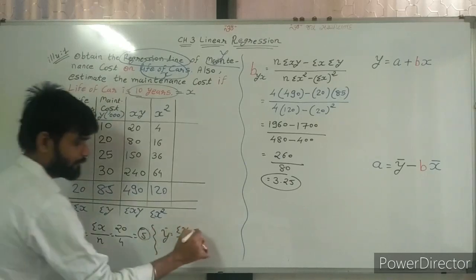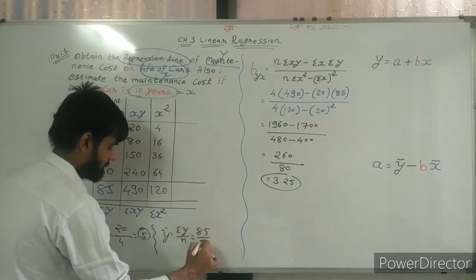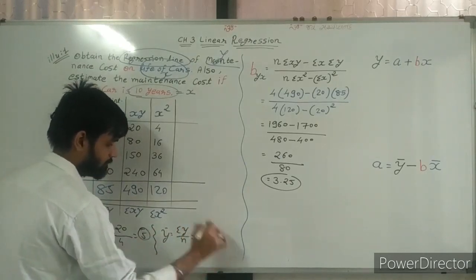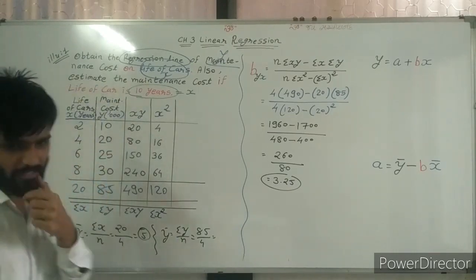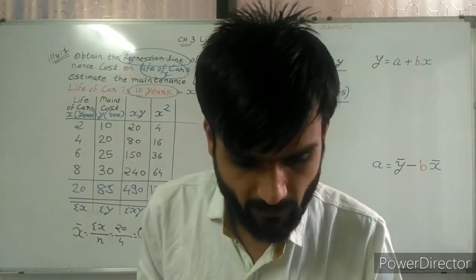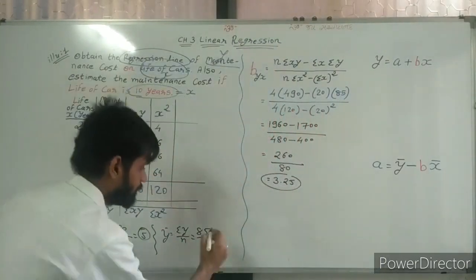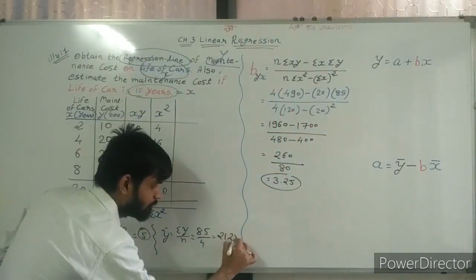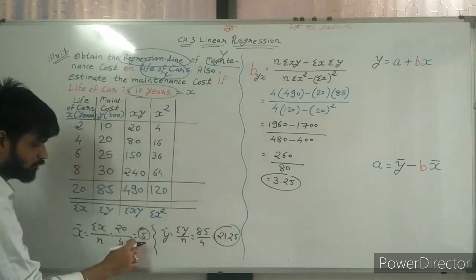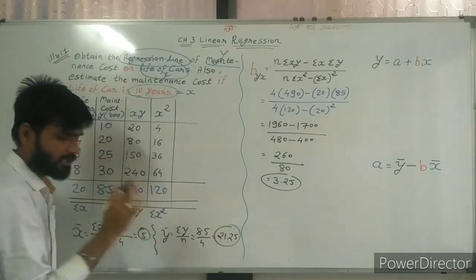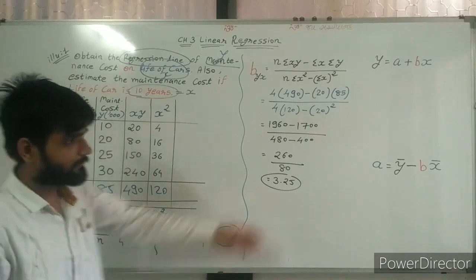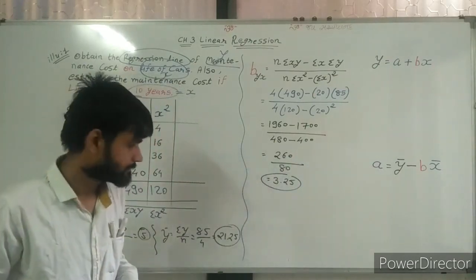Sigma y 85, 85 divided by 4. You will get 21.25. So x bar is 5 and 21.25 is y bar that we are using here.